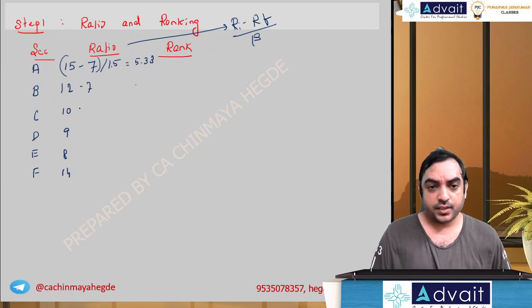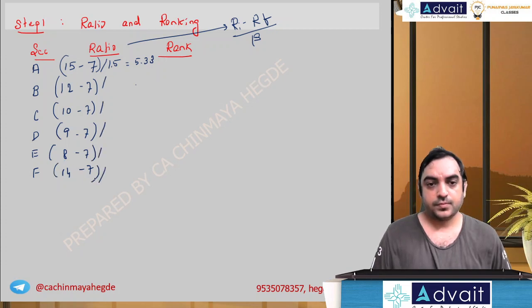So minus 7, minus 7, minus 7, minus 7, minus 7. These are all the numerators divided by beta. 1.5 is done. 2, 2.5, 1, 1.2 and 1.5.